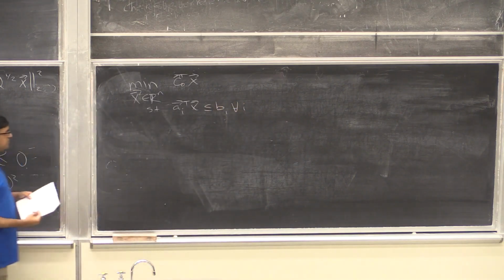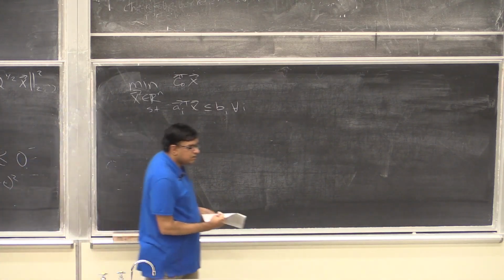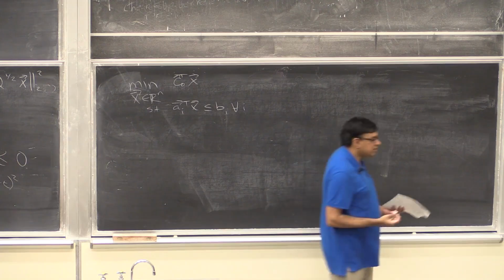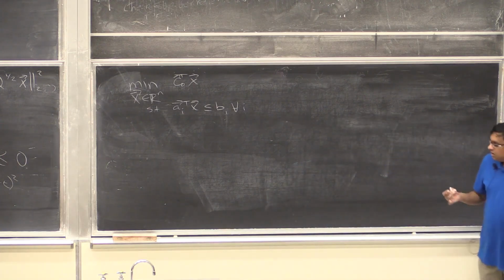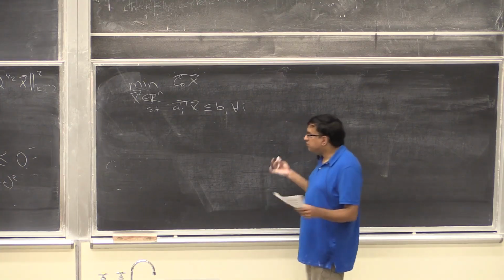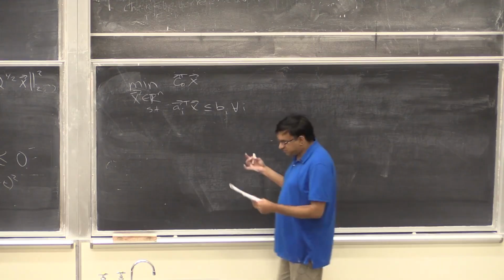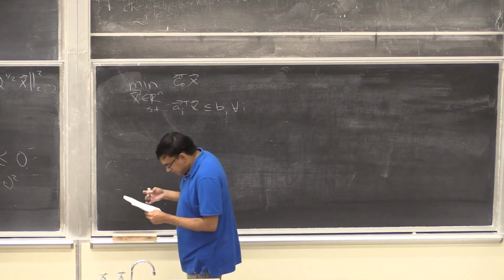This is a generic linear program, and we know how to solve this problem efficiently, right? We covered that 2 lectures ago. You can use many algorithms on it: interior point, gradient descent, simplex, whichever.